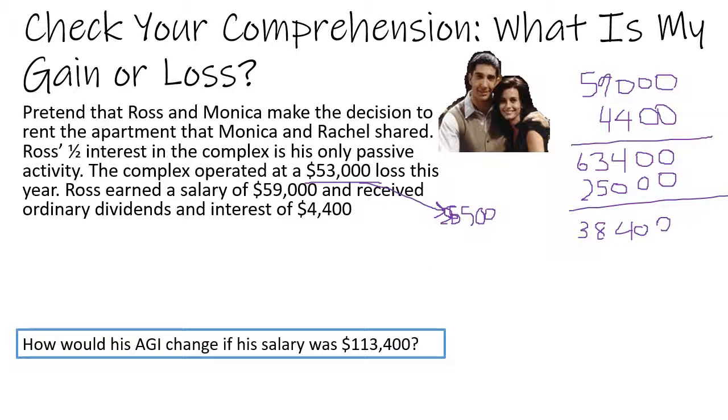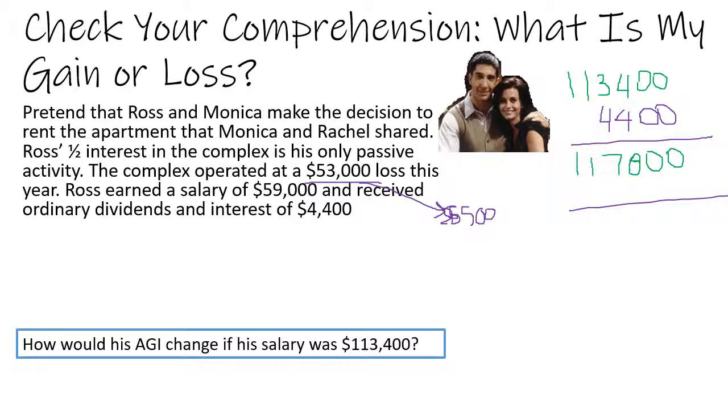Now let's assume that instead, Ross earned a higher salary of $113,400. What would this do to the passive rental loss deduction? Ross's ordinary income, the net of his salary and his ordinary dividends and interest, is $117,800.